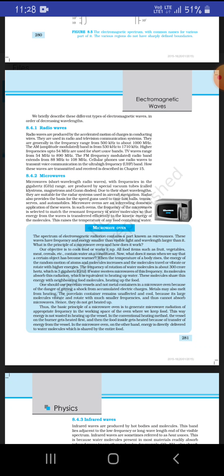Radio waves are produced by the accelerated motion of charges in conducting wires. They are used in radio and television communication systems.